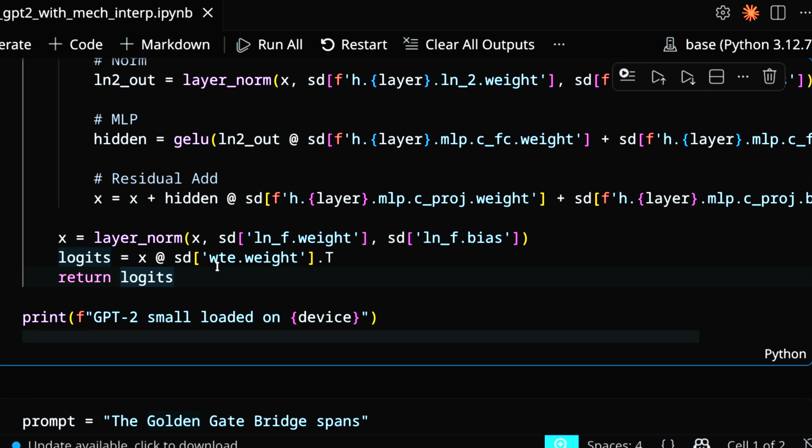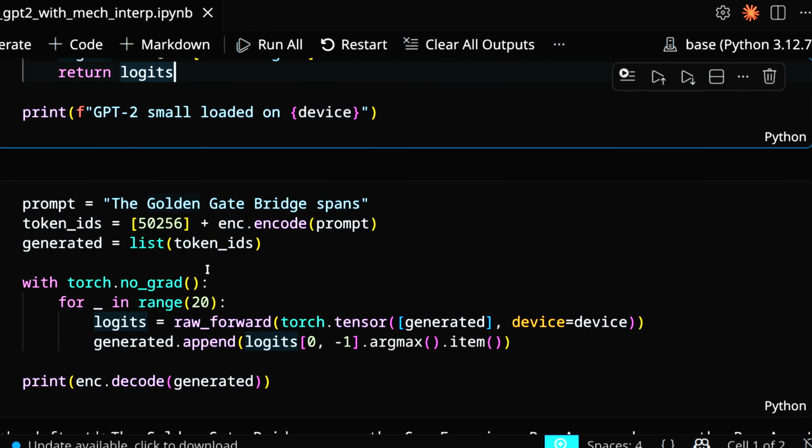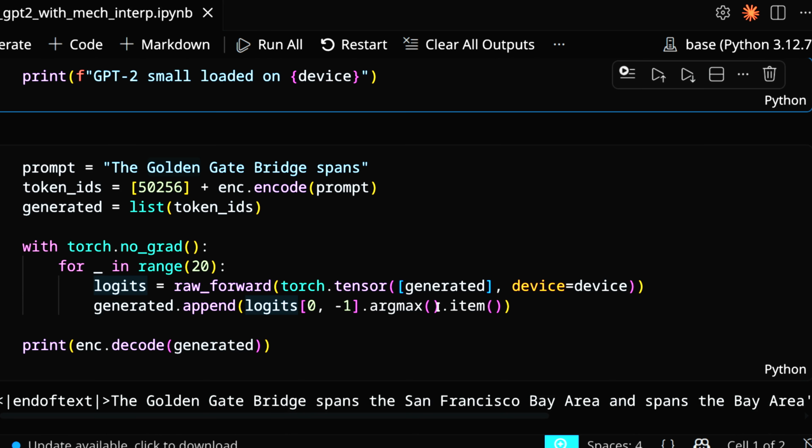So what this would do, if it's deterministic, is output the argmax down here, which is deterministic. The argmax is the index location of the highest value.